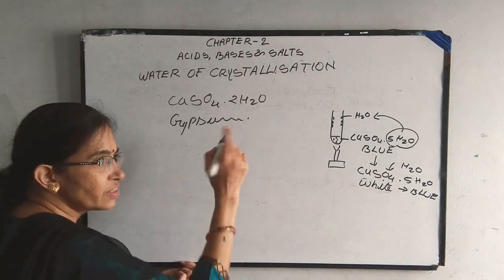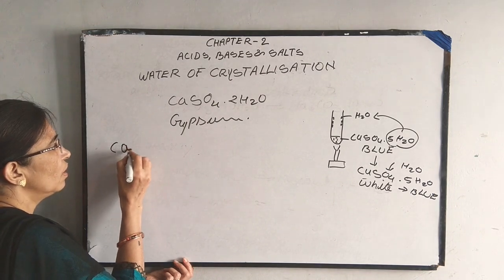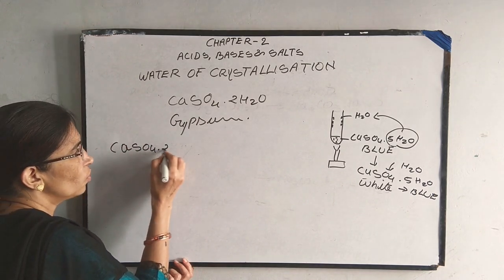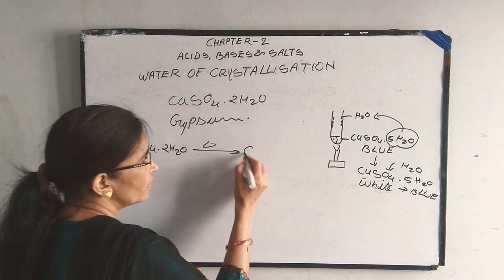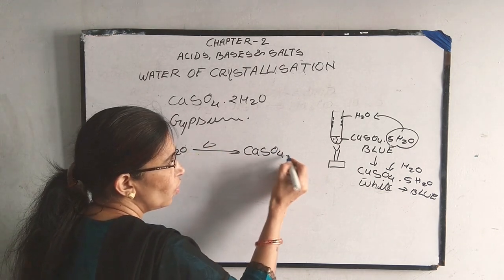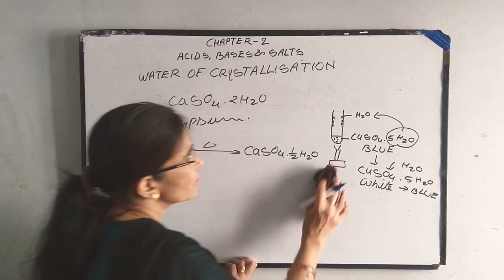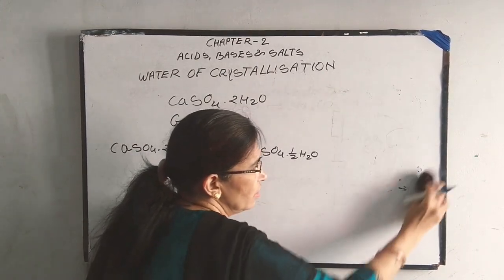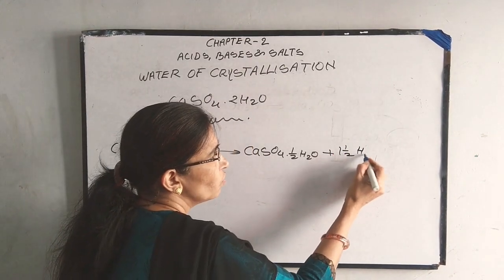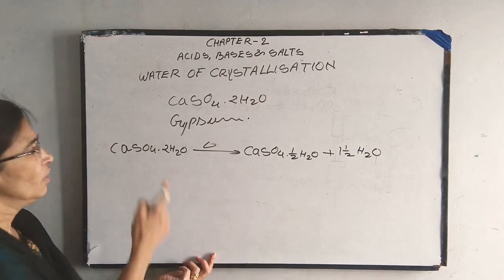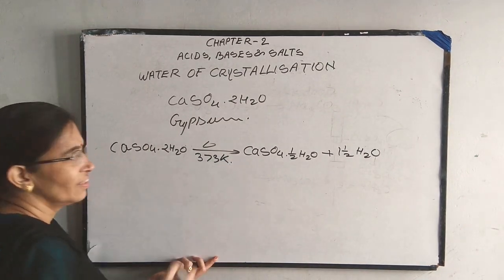Now, when this gypsum is heated, CaSO4 dot 2H2O, what does it give? CaSO4 dot half H2O, plus 1.5 H2O is removed.